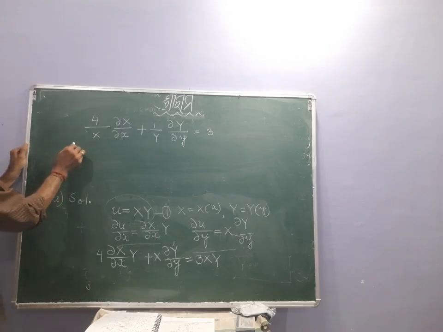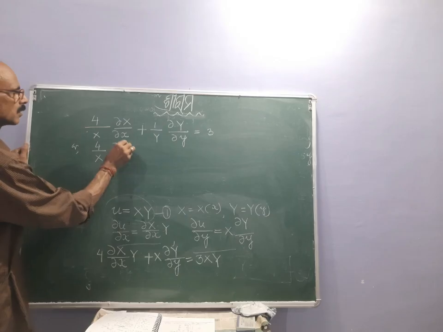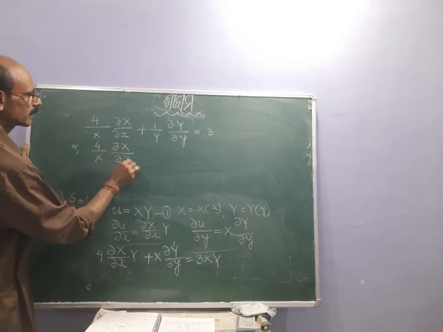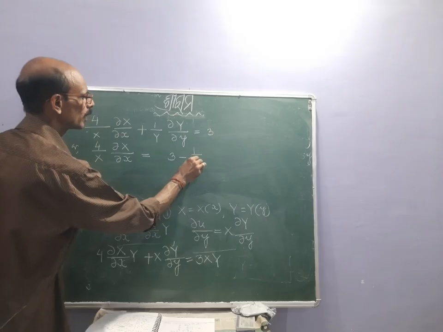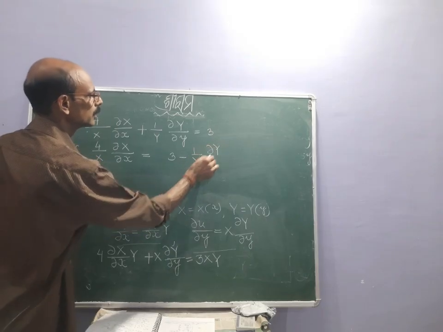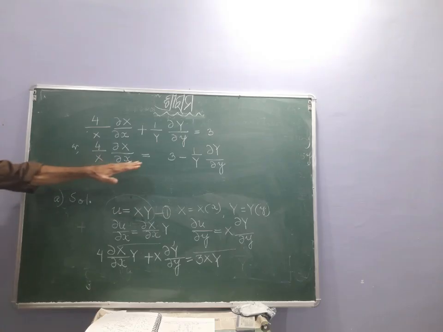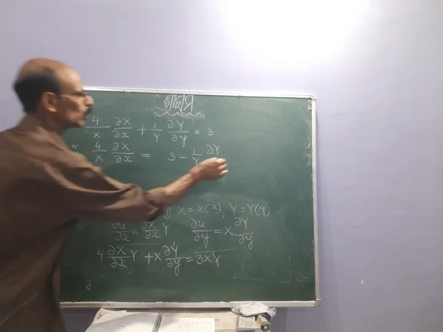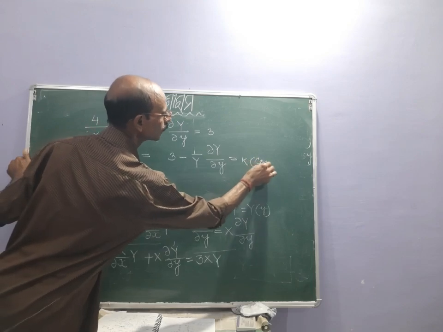Or we can write 4 by X del X by del x is equal to 3 minus 1 by Y del Y by del small y. Now X and Y get separated, so let us equate them to a constant k.